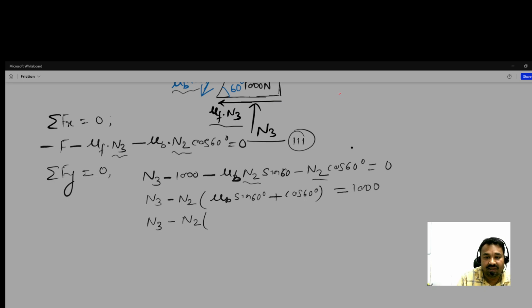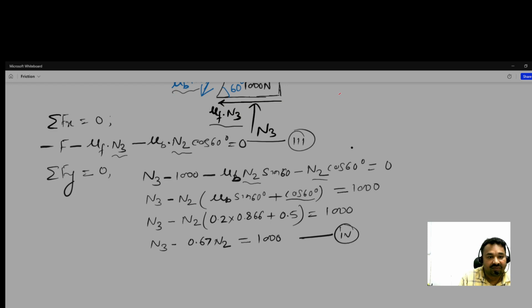Mu B is here 0.2, and sin 60 is 0.866 plus cos 60 is 0.5, is equal to 1000. Okay, so N3 minus, what we get after, 0.67 N2 is equal to 1000, and this is the fourth equation.